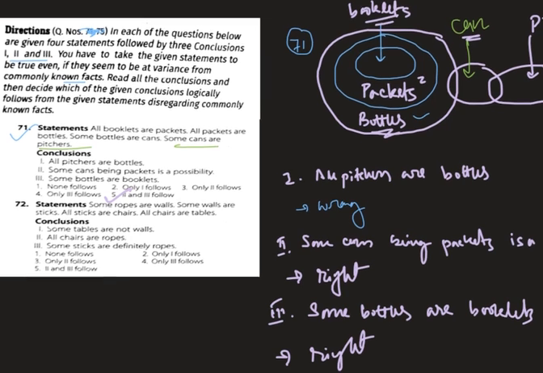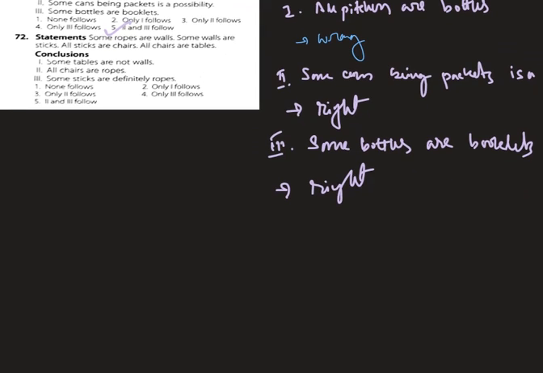Now let's check the next statement. Some ropes are walls. Suppose this is ropes and this is walls. Some walls are sticks.